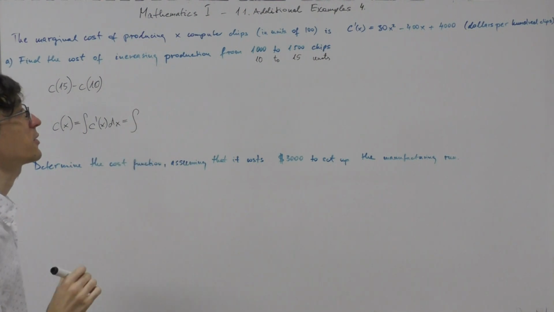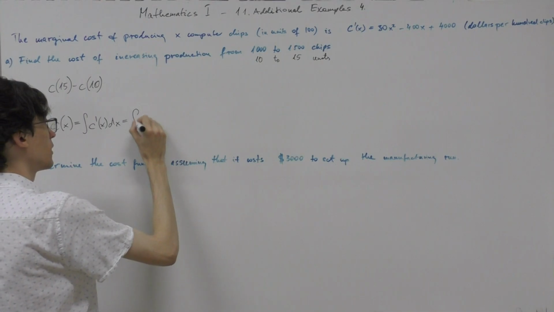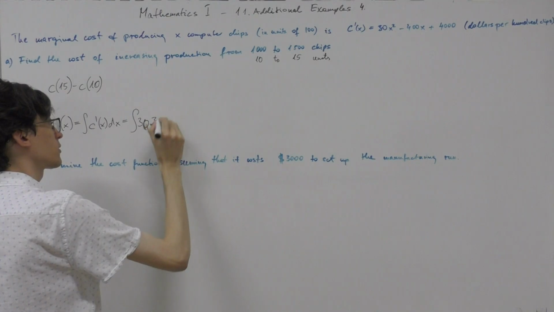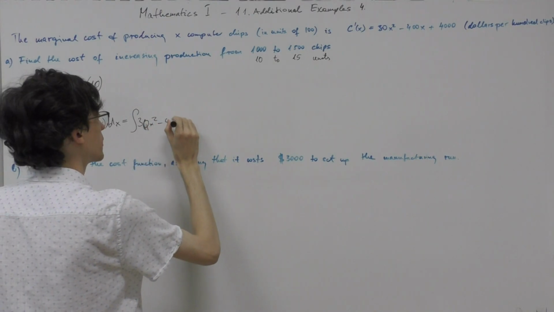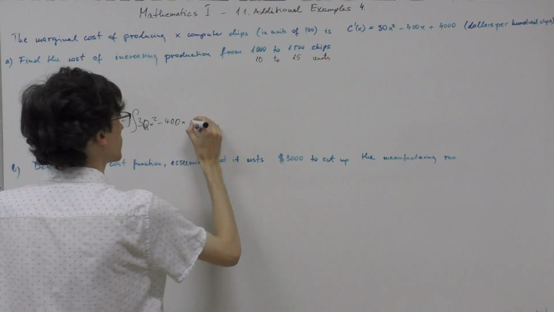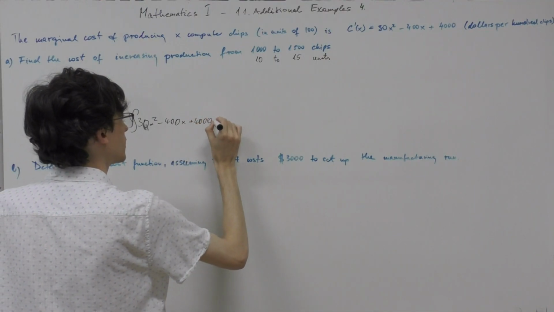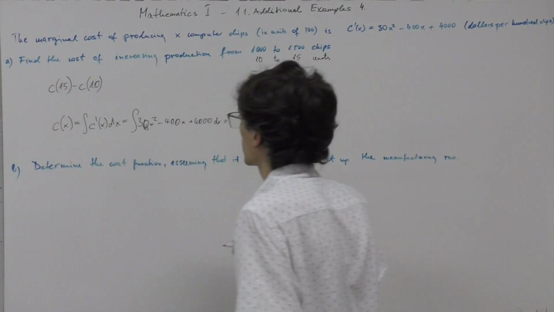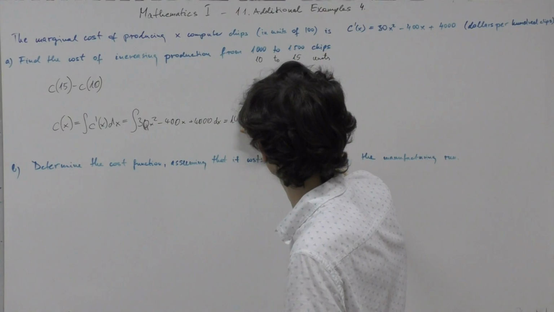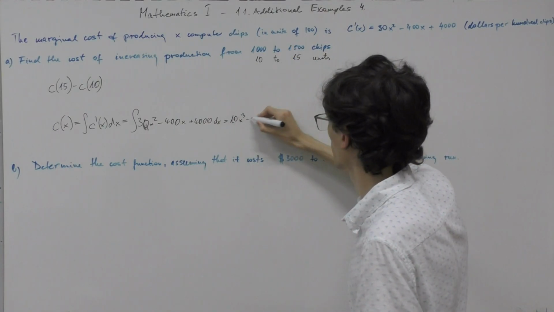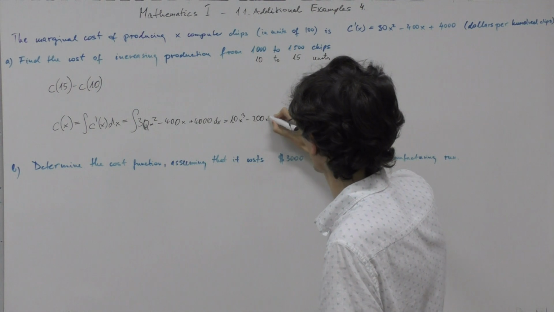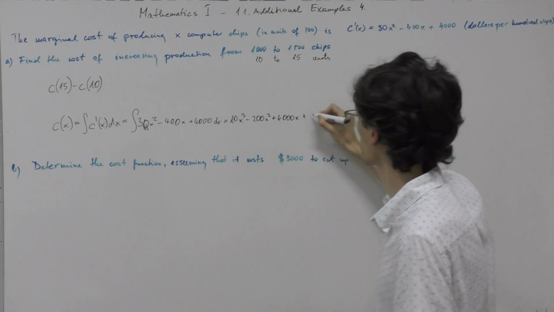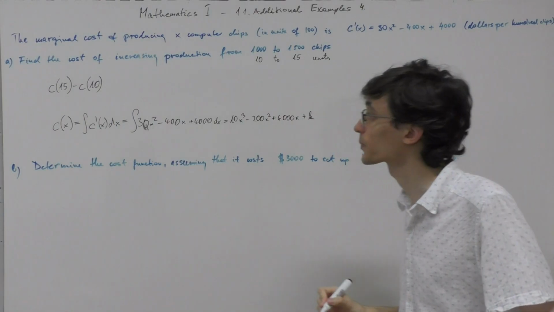And this is an indefinite integral, so we must do integral 30x squared minus 400x plus 4000 dx. And this is of course 10x cubed minus 200x squared plus 4000x plus some constant k.